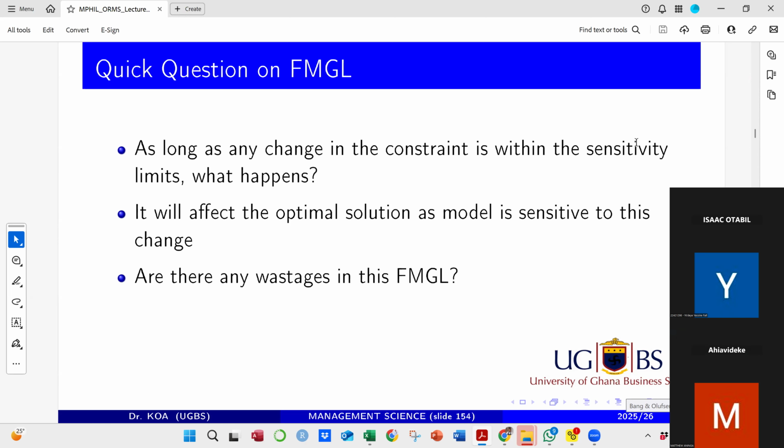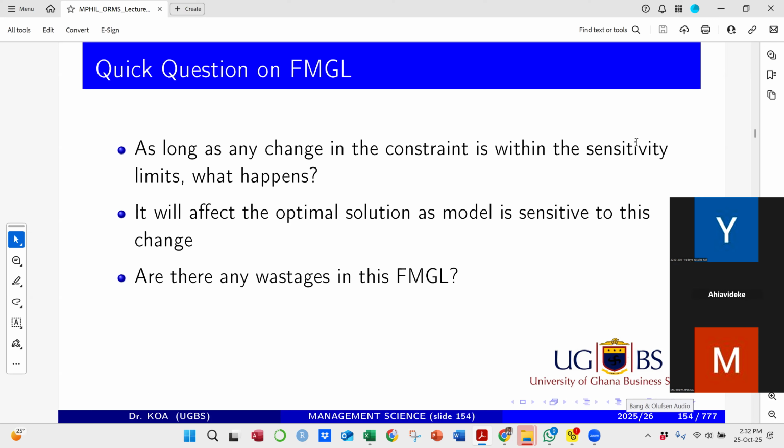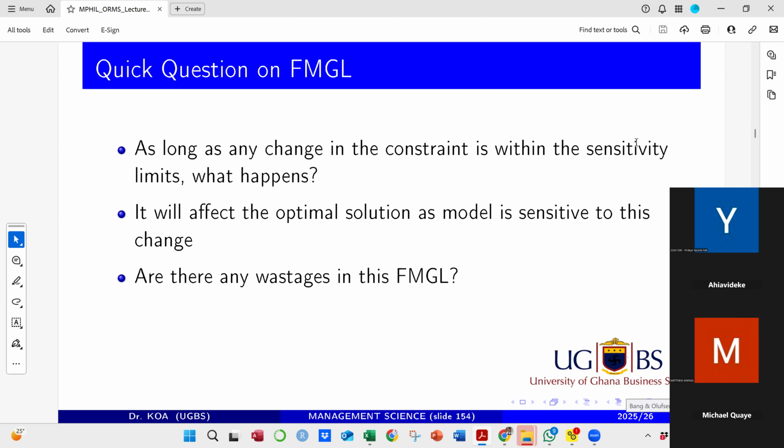So there's no wastage because they are working within the sensitivity limits. Yeah, but why are there not any wastages? I hear resources are being used sufficiently. Yes, Doc. I would say there is no wastage because their reduced cost is 0.